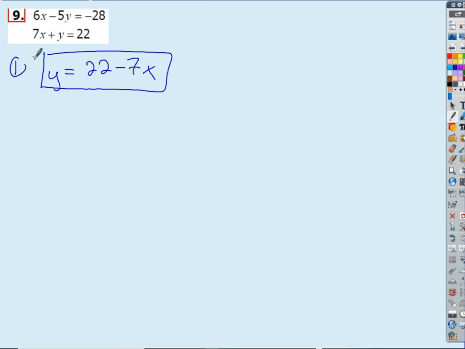Now what's next then? That was step 1. We isolated a variable in the bottom equation. Could have been the top, but in this case it was the bottom. What's next? What are we going to do next? Nancy, what do we do next? I isolated the y in the bottom equation. What am I going to do with that?